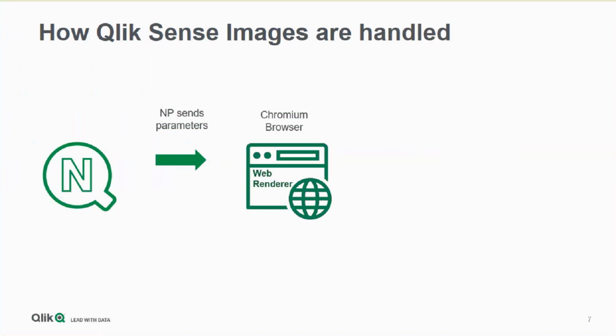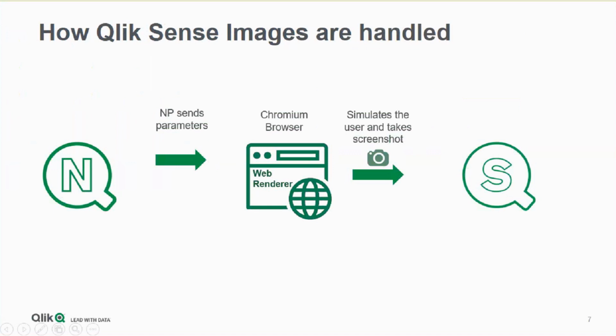When user one creates a report in NPrinting, they may have filters or some sort of formulas created in NPrinting Designer. NPrinting takes those parameters, which the user specified, and passes them on to Chromium. The next step is that Chromium goes to Qlik Sense.